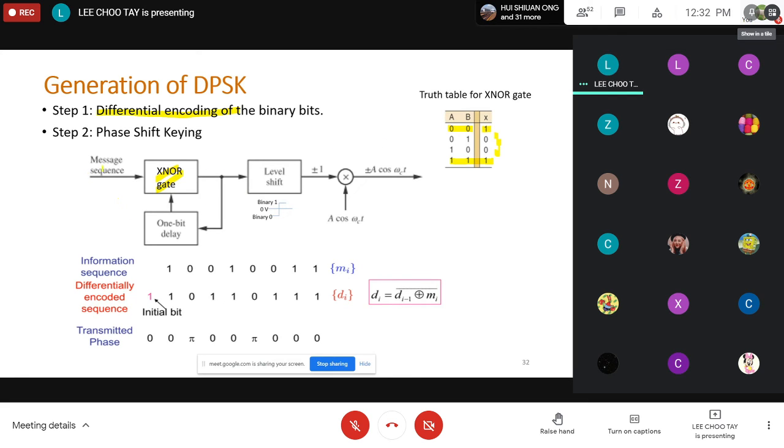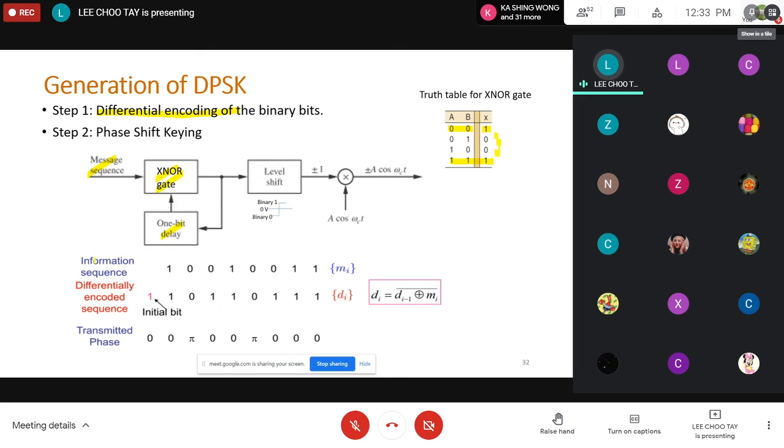One of the inputs to our XNOR gate is the incoming message, the current bit, and the second input is the previous bit. Basically, we delay the message by one bit, so we compare the current bit with the previous bit.